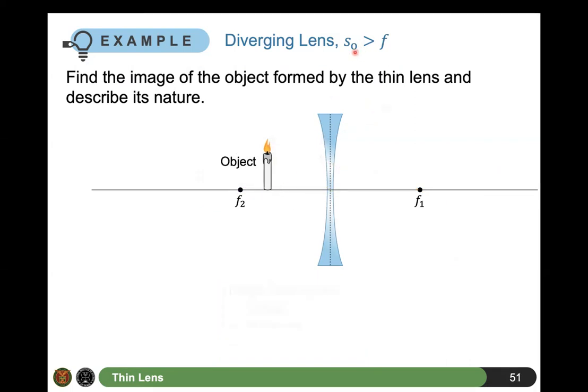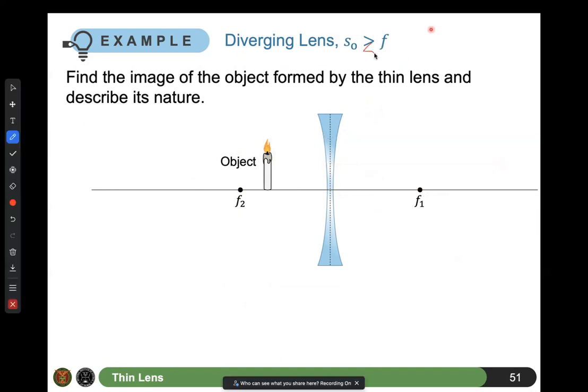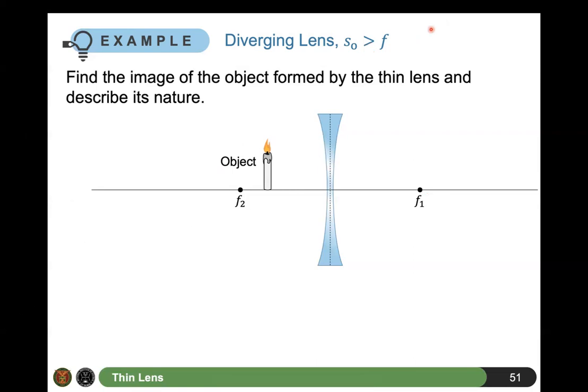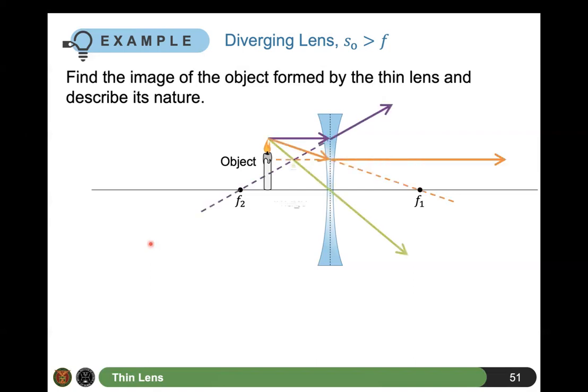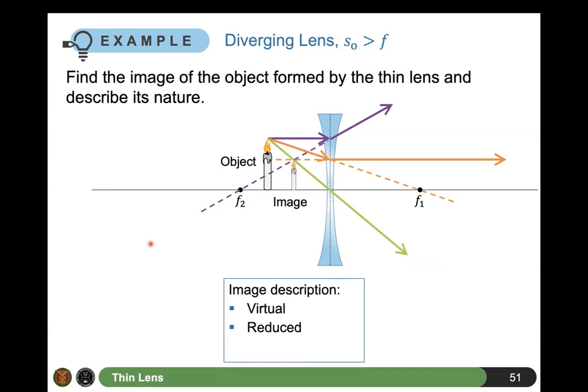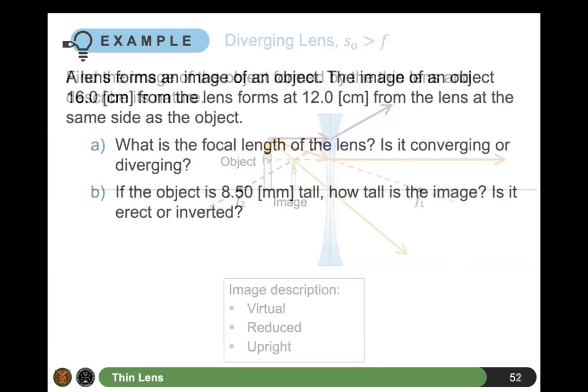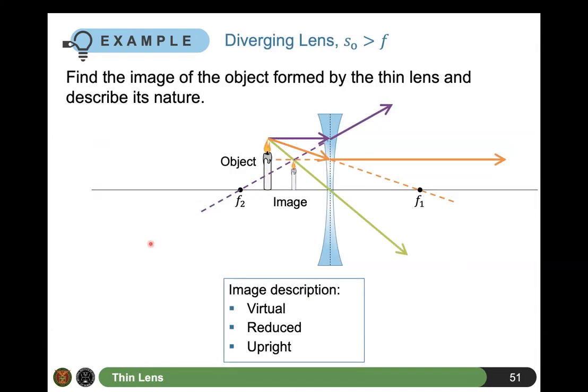And if the S0 is less than F, so this is wrong, it should be less than here. The image formed after the parallel ray tracing is this: virtual, reduced, upright. So we see that wherever the object is located, for a diverging lens the image is always virtual, reduced, and upright, as opposed to the converging lens, where it can differ depending on where the object is.